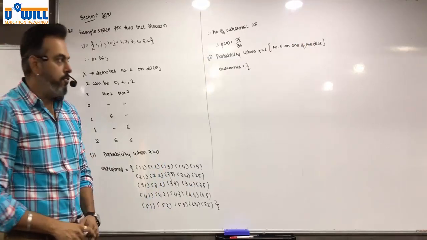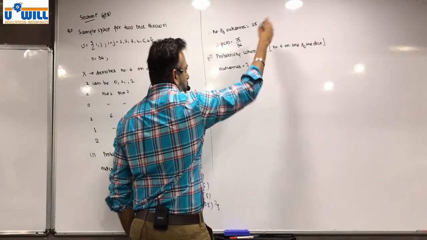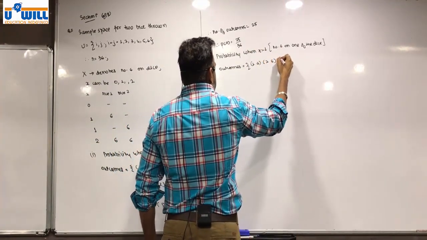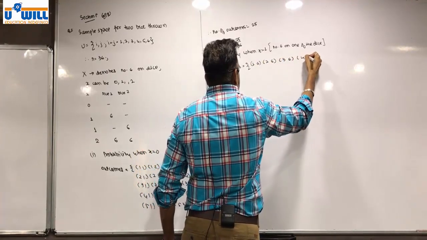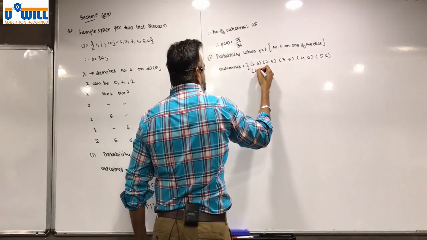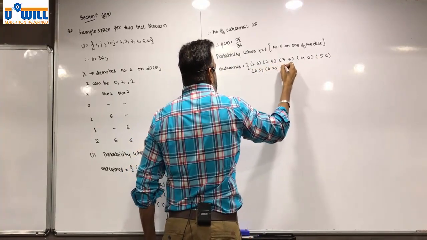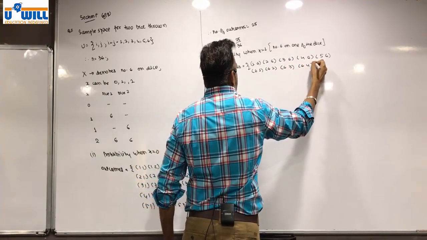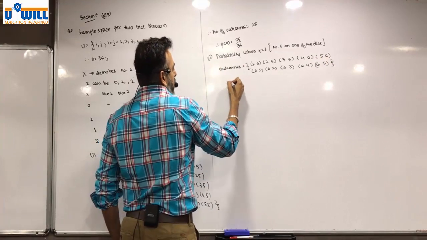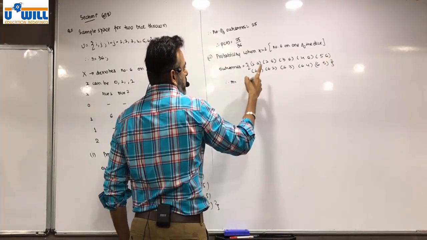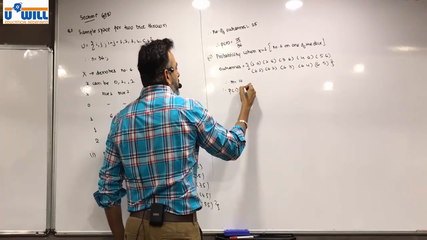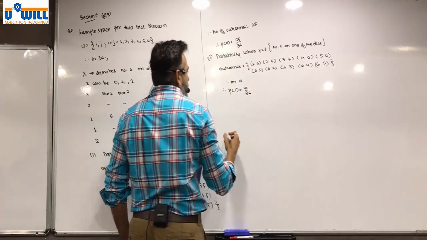Now, outcomes is equal to (1,6), (2,6), (3,6), (4,6), (5,6), (6,1), (6,2), (6,3), (6,4), and (6,5). Understood this? Therefore, m is equal to 10. Therefore, probability of 1 is 10 by 36.